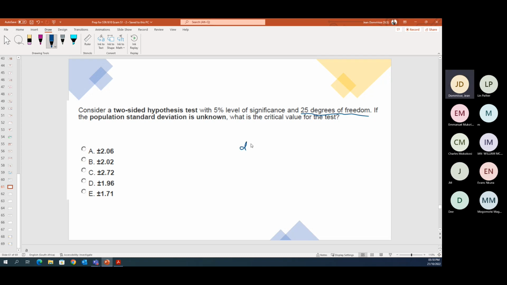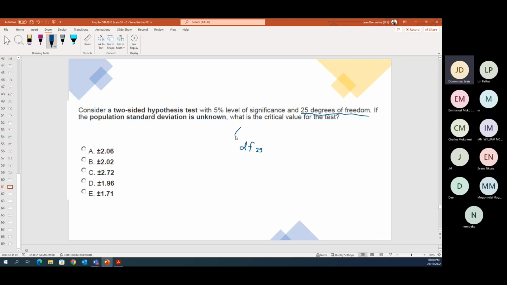So they already tell you that your degrees of freedom is 25, so we are going to work with a T. The alpha they give us as 5%, so 0,05 divided by 2, which is 0,025.